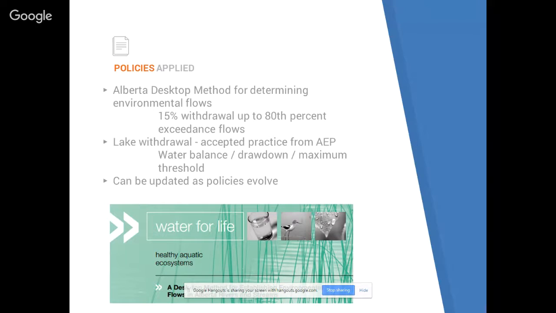If you click on the tool on a lake, you'll get an additional page in the report that gives you the results of an accepted practice from Alberta Environment and Parks, which is essentially a 3-pronged estimate of an acceptable withdrawal volume.